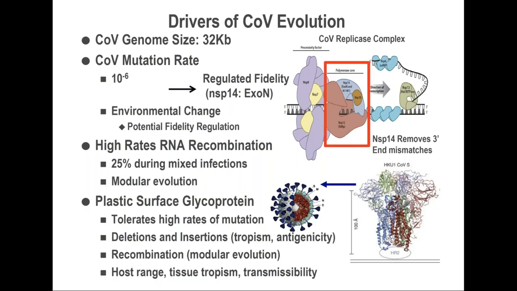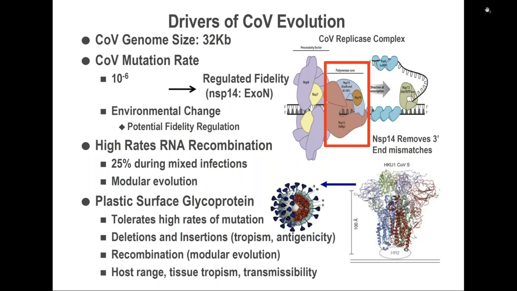However, there's a regulated fidelity complex mediated in part by NSP14, which is a replicase protein that interfaces with other non-structural proteins to actually repair 3' end mismatches from growing nascent strands. This is probably a regulated fidelity that changes its performance either as a function of time post-infection or as the virus moves into different host environments.